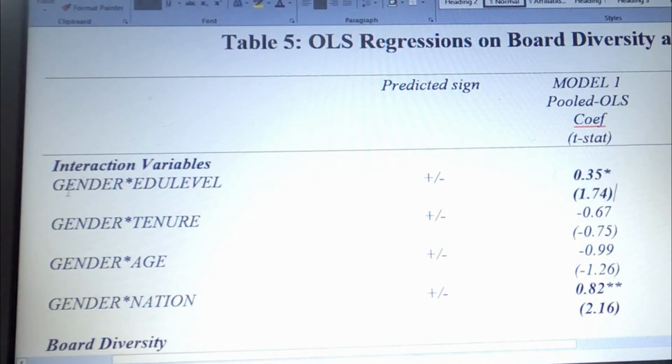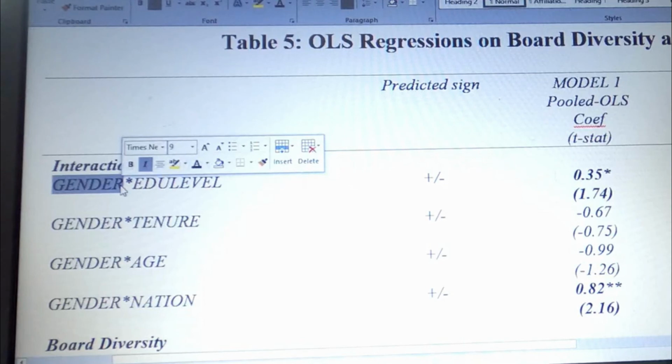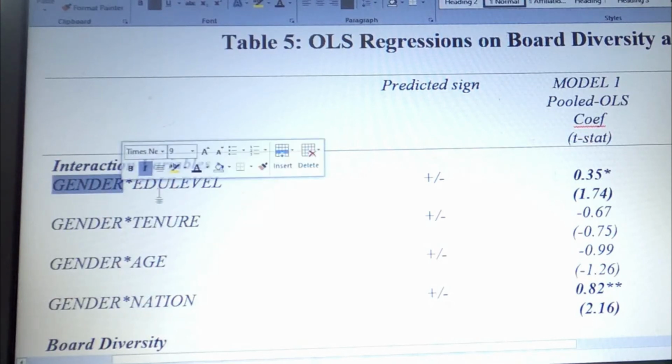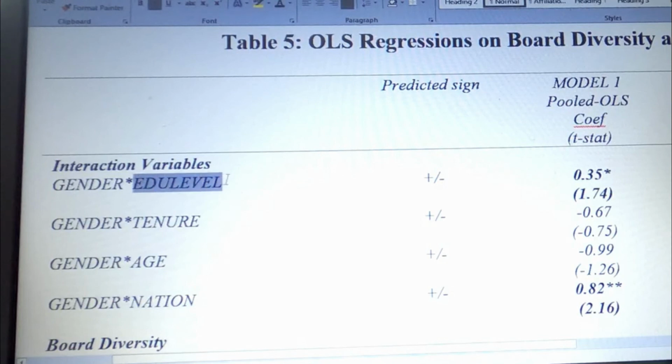Taking this example, gender and edu level is 0.35, significant and positive, which means in the presence of gender on the board, the existence of edu level on the board will increase the CSR.